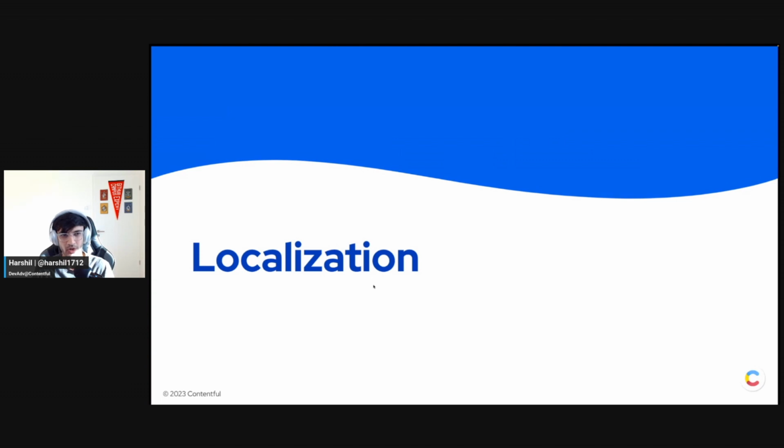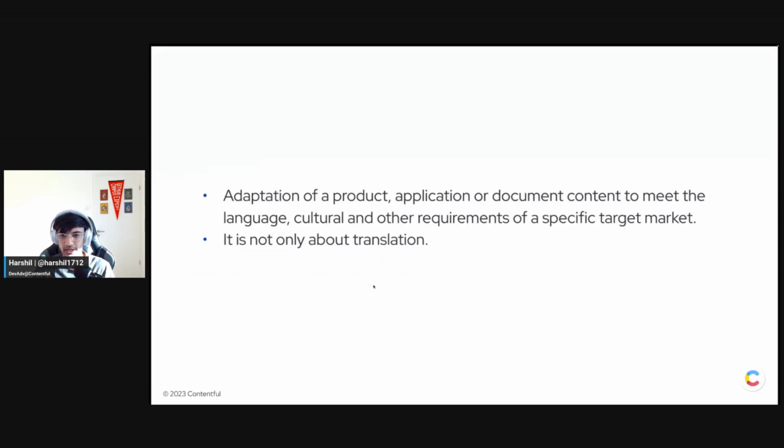So it's not just about translating that content, but also making sure how that content is displayed and how your whole application is displayed in that local region. So again, localization is an adaptation of your product to meet the language, cultural, and other requirements of a specific target market, and it's not just about translation.